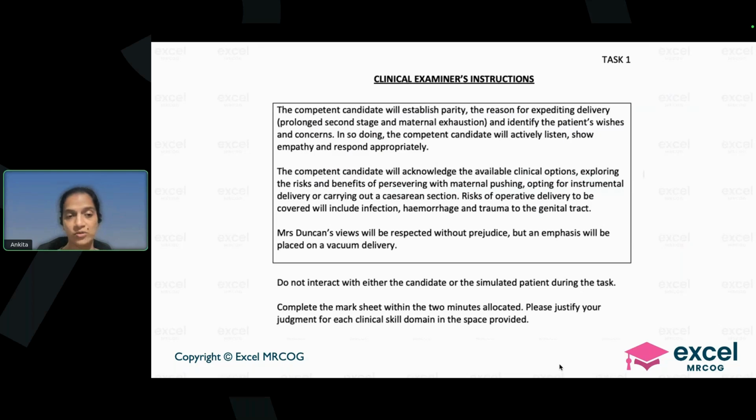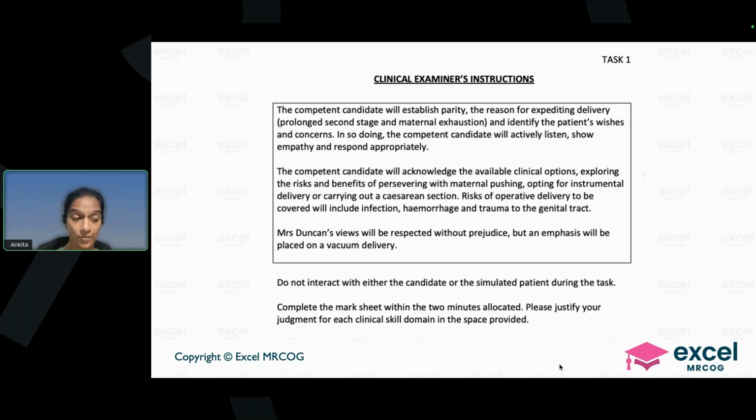Okay, you may not use the word traumatic with the patient. I'm telling you guys that it would be more traumatic, it would be more difficult, and it can result in complications, while instrumentation at +3 station with left occipito-anterior is likely to be straightforward. So what you need to tell her is that we can consider a cesarean section at this stage.